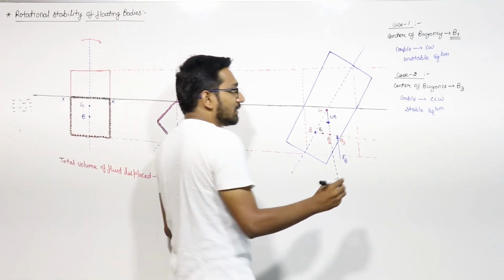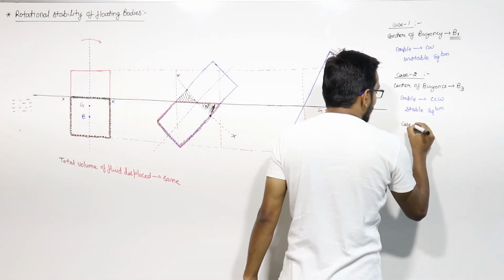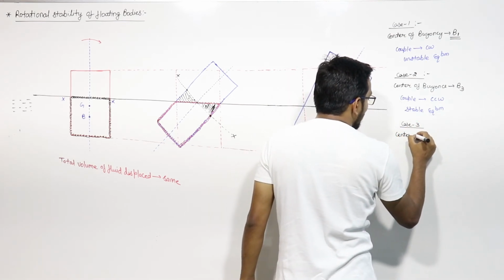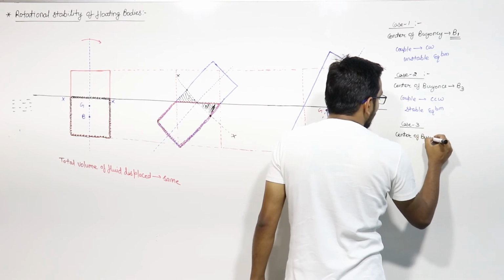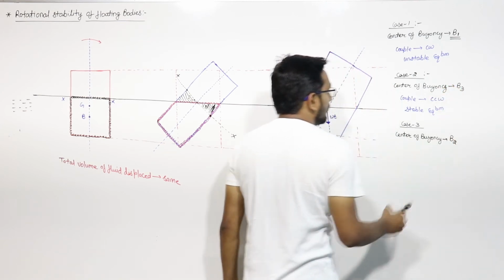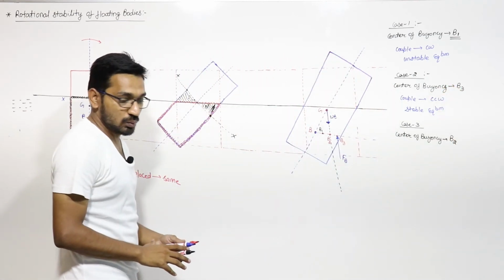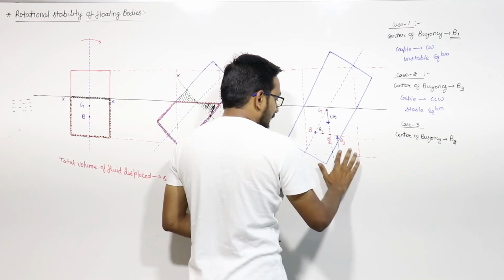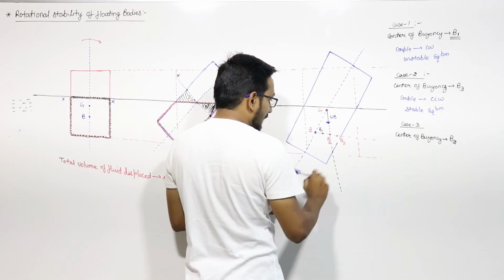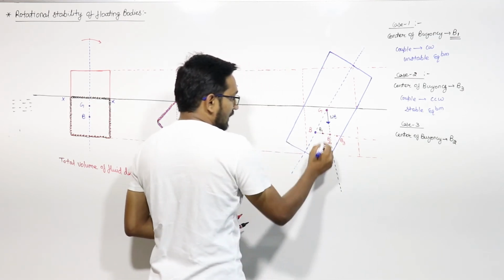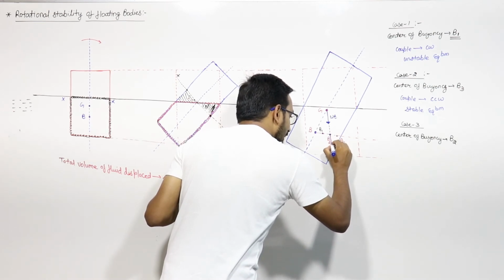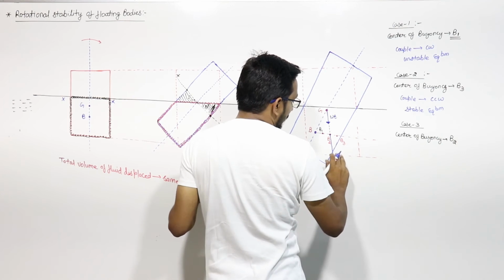Now let us discuss case 3. Case 3 is when the center of buoyancy is at B2, here.